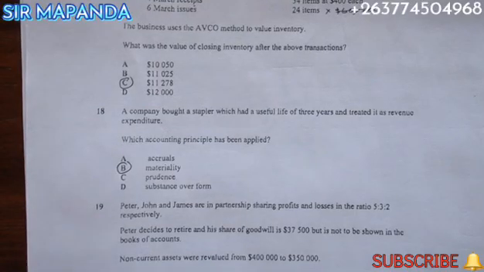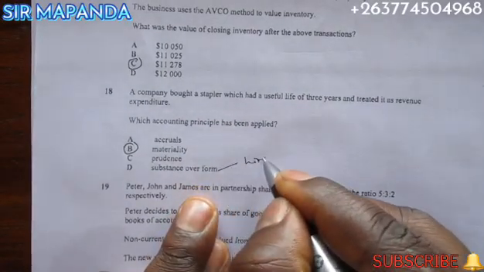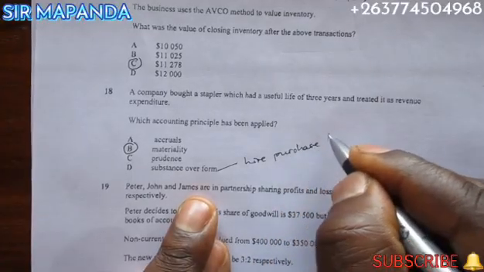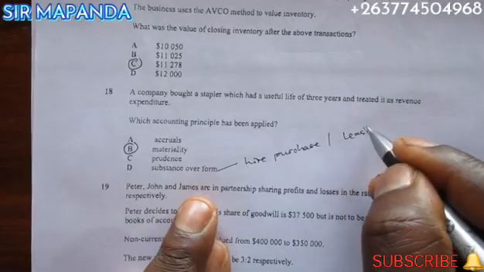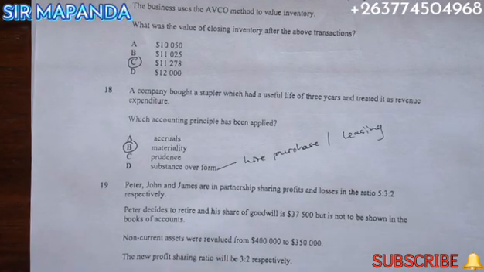B is your answer. Then this substance over form, it works for hire purchase as well as leasing. So if you find a question which states hire purchase or leasing, your answer becomes substance over form. I hope you are following.